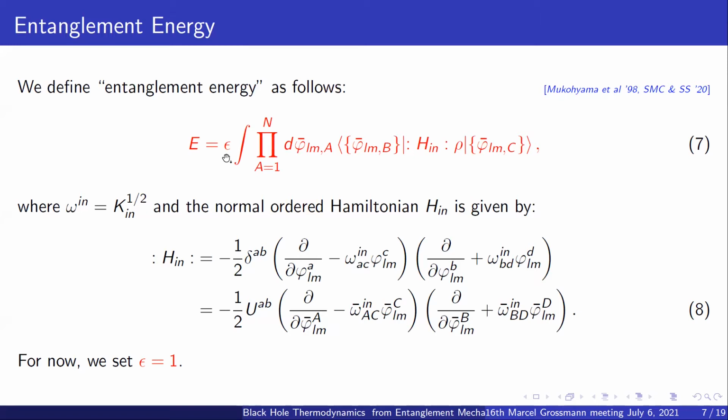But for now, in order to keep track of the ambiguity, we'll place this epsilon over here. Coming back to the mathematical definition of entanglement energy, what we have here is basically the normal ordered Hamiltonian corresponding to the n degrees of freedom, which is averaged over the entire density matrix.